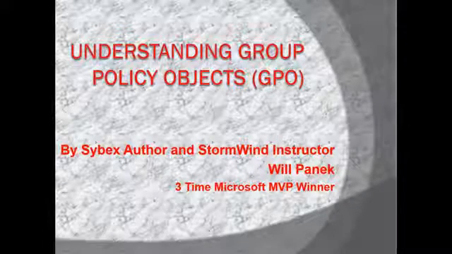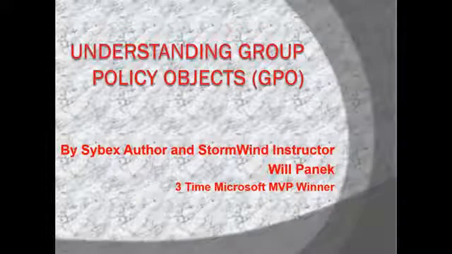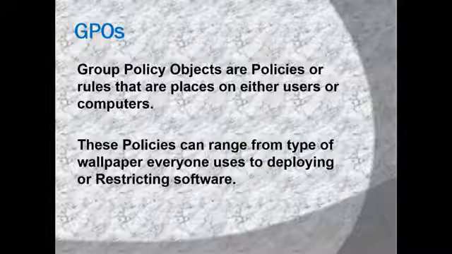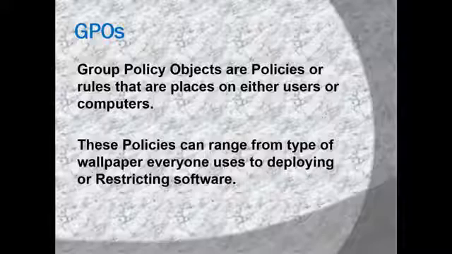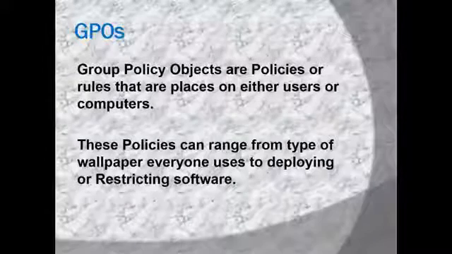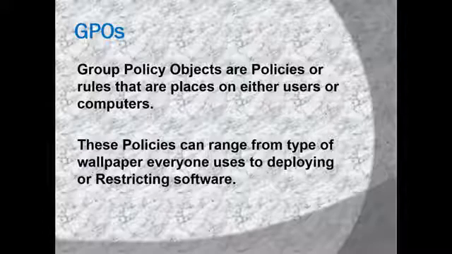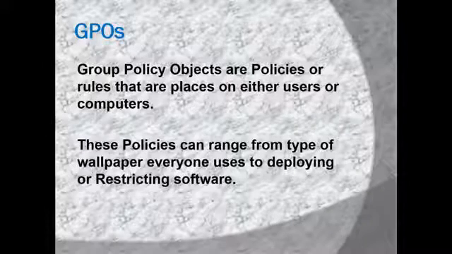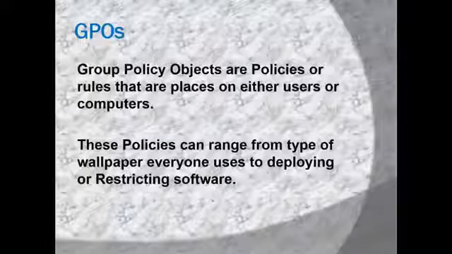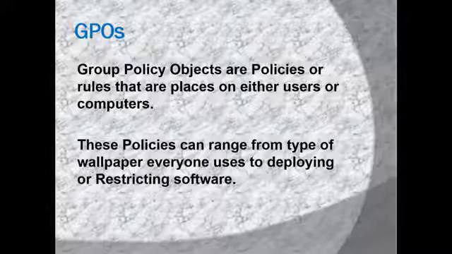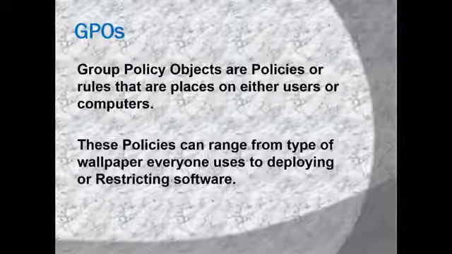Now, what exactly is a group policy object? A group policy object is a policy or rule that you place on either a user or a computer setting. Now, these policies can range from setting everybody's wallpaper up to deploying or restricting certain software packages from running.